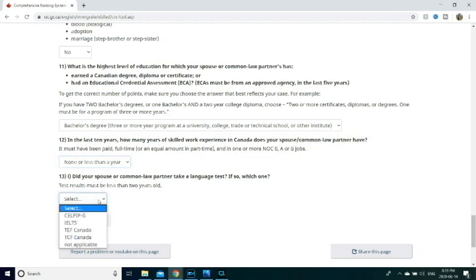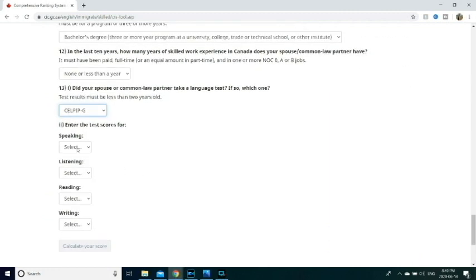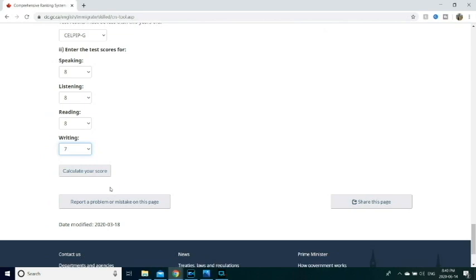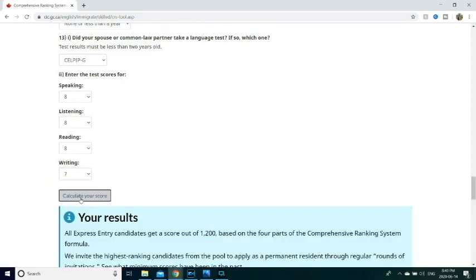And again it's a good idea if your spouse can write the English exam, because then you will get some extra points. Let's say a very average score for your spouse, because generally one person has good command of English and another doesn't. But it depends on your scenario. Both of you can be very good in English. I'm just running a scenario.